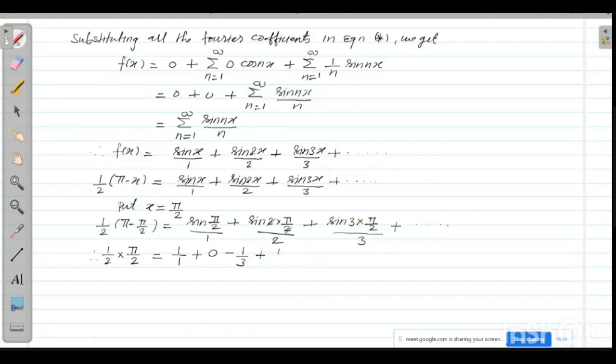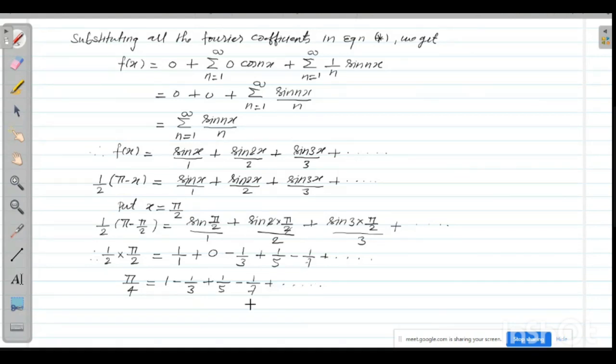So this is 1 by 5 and minus 1 by 7 and plus and so on. Okay, so just simplify this. So this is pi by 4, and this equals 1 minus 1 by 3 plus 1 by 5 minus 1 by 7 and plus so on.